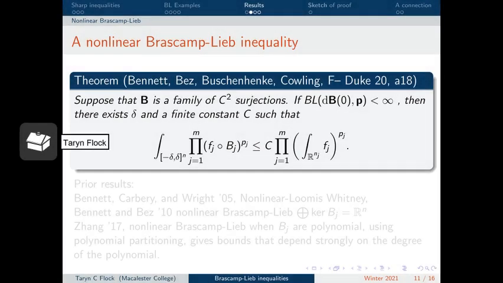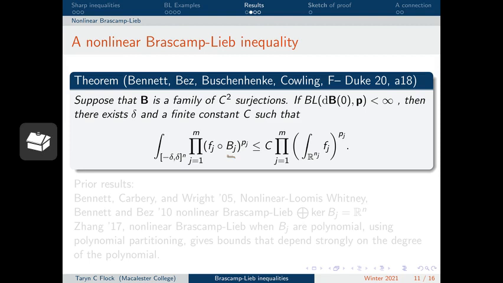This brings us to the central result of this talk, a nonlinear Brascamp-Lieb inequality. So we've generalized the Brascamp-Lieb inequality by replacing our linear maps with a family of nonlinear maps, as the name suggests. What do we require about these nonlinear maps?